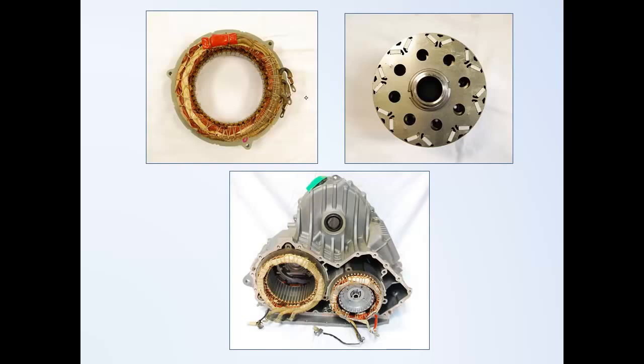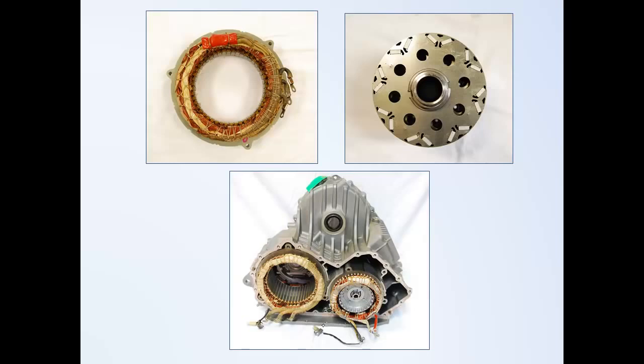And here we have the stator, which has three phases. You can see the three connections to the windings representing each of the three phases, and you can also see how the windings are distributed around the outside of the stator, as opposed to being concentrated in three distinct locations.